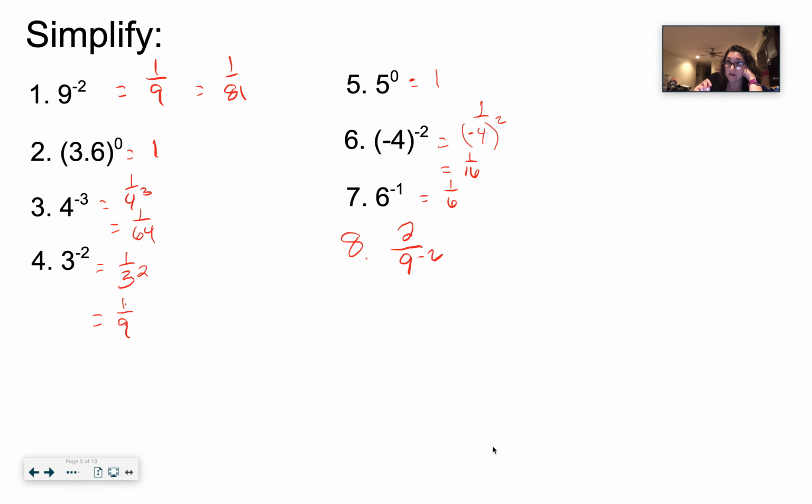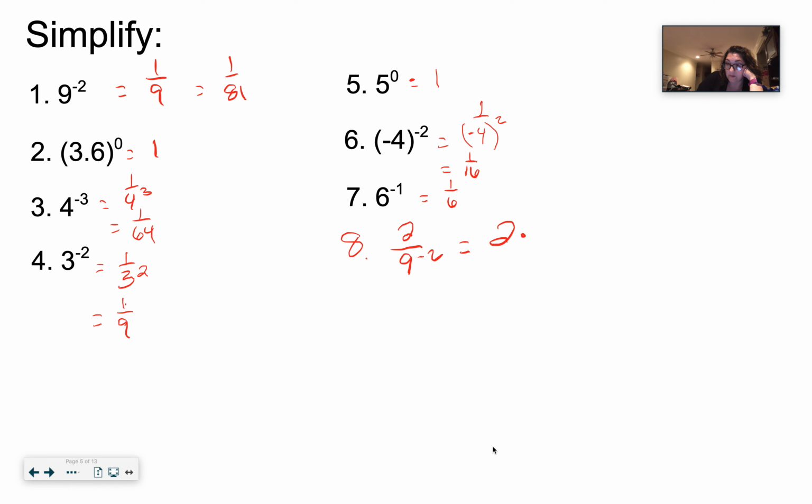So what's going to happen is the 9 is going to move to the top, but the 2 is not going to change. The 2 is going to stay on top because the 2 doesn't have an exponent that's negative. The 9 is going to come from the bottom to the top. Remember in the notes that I gave you in the first video, it said you flip it to the opposite place.